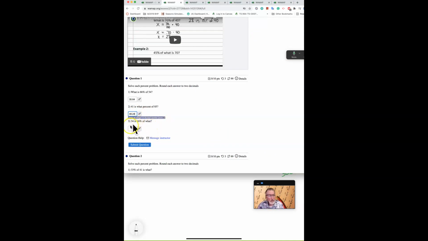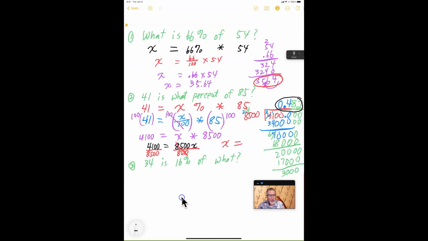All right, and then 34 is 16% of what? Let's go to 34, and we're going to rewrite this. 34 equals 0.16, right, times x. So 34 is equal to 0.16x. So what's happening to the x, and how do we solve for it?